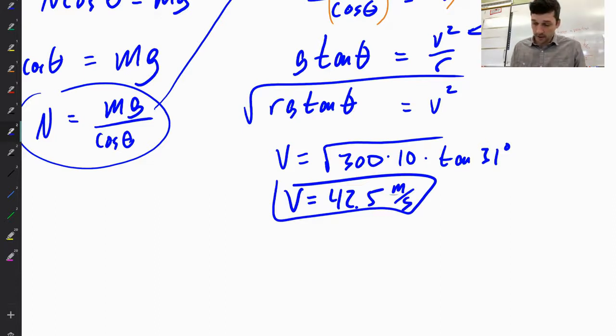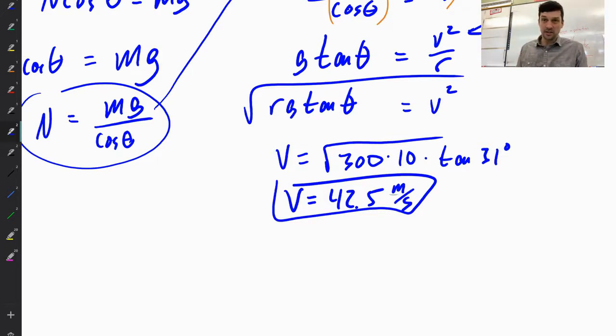Got the wrong unit altogether. 42 meters per second. What is that in miles per hour? Let's convert meters, seconds. 42.5 divided by 1609 times 3600 is 95 miles an hour.